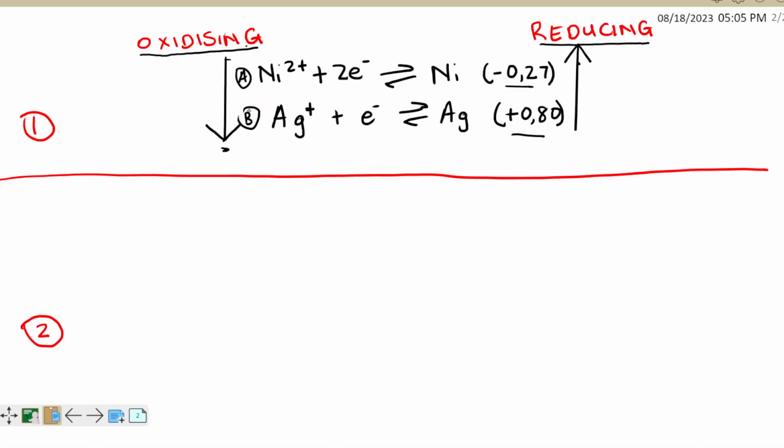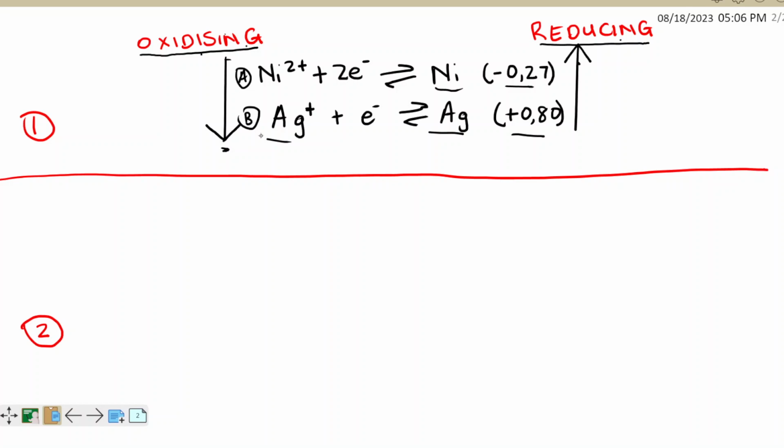Meaning that the one that is below, which is Ag, is an oxidizing agent. Then if you look up on the right, it says that if you go up, they are increasing in reducing ability. That means the one that is on top, which in this case is nickel, is the reducing agent. So that's what it means.